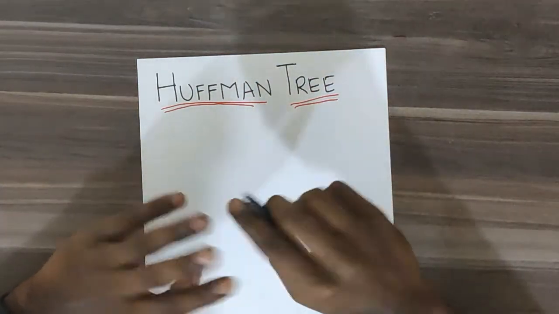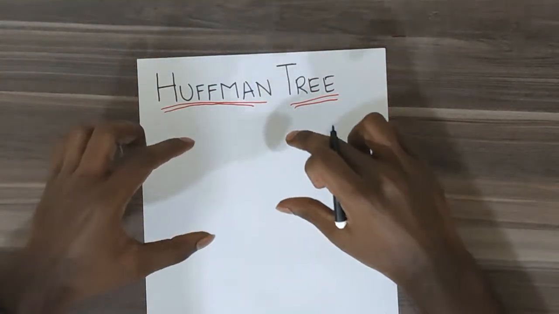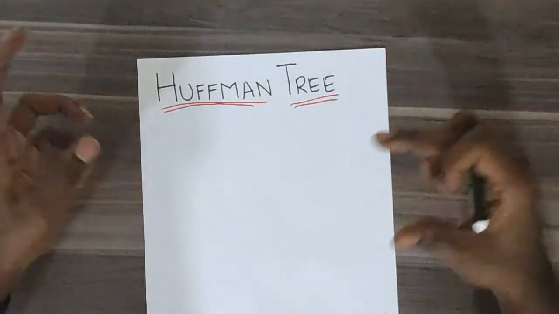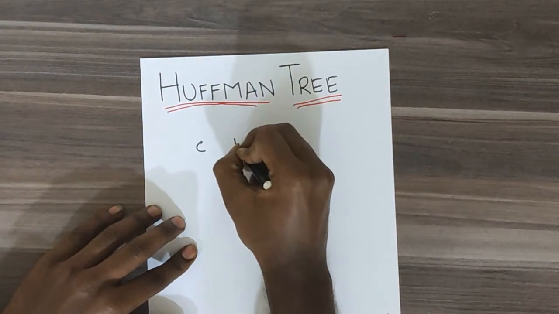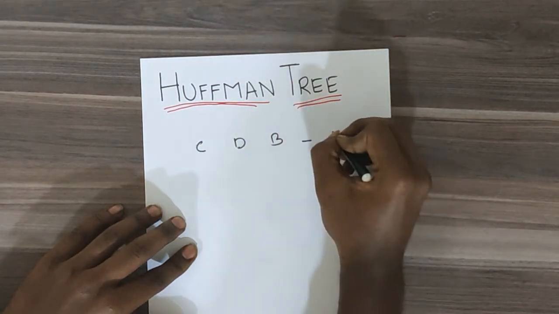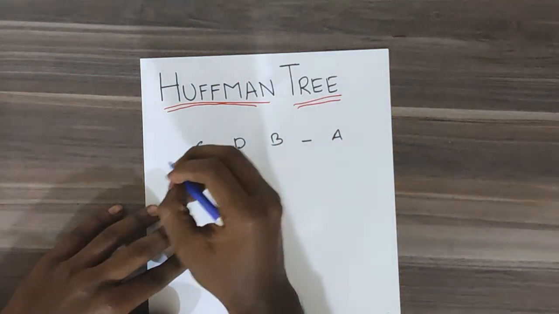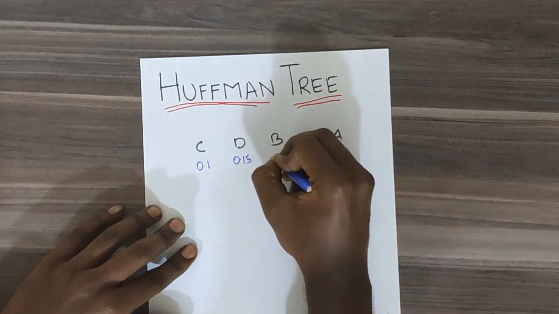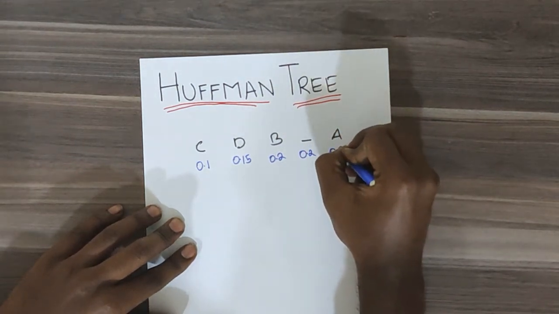Now let us consider we have a text file and we have a lot of text. What we'll do is write the frequency of each character in increasing order from the smallest to the largest. Let's consider we have a text with characters C, D, B, space and A, and let each have frequency 0.1, 0.15, 0.2, 0.2 and 0.35.